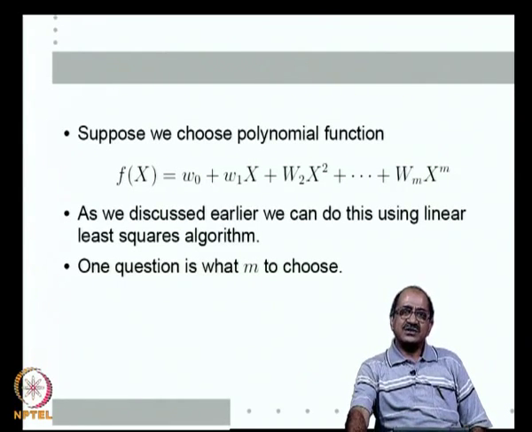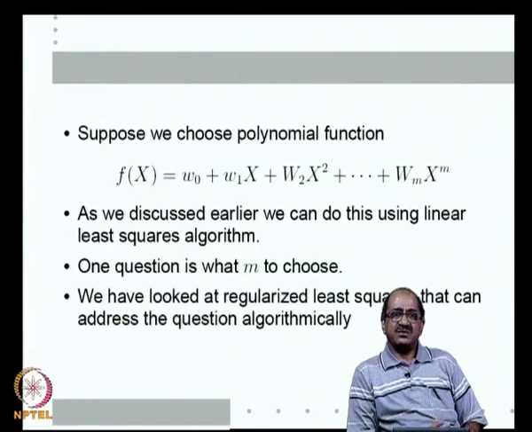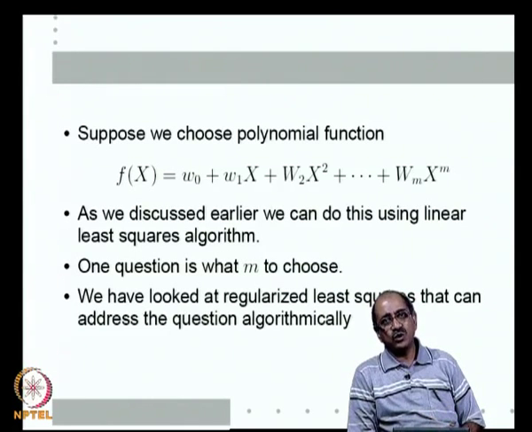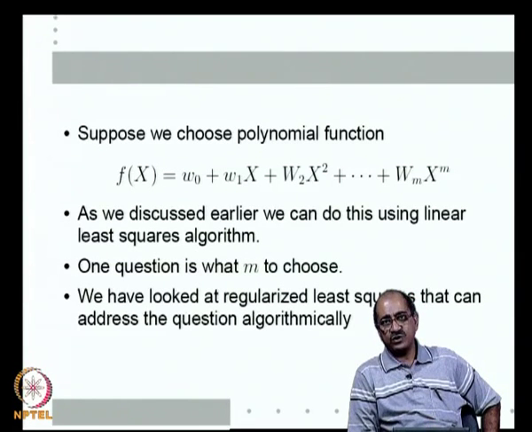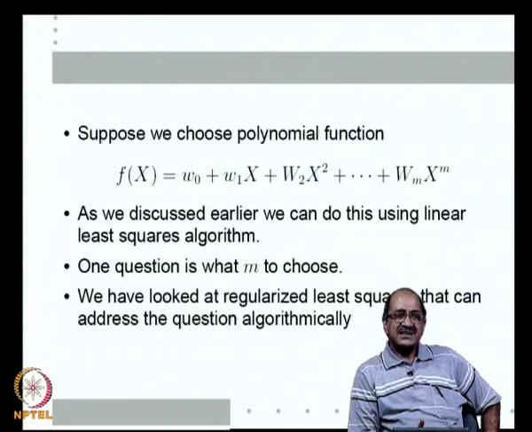We already asked this question at an algorithmic level. We said that obviously we do not know what m to choose, just because if we choose a very large m, we may artificially think we are getting low data error. So, we introduced the regularization, which can be viewed as a Bayesian approach to estimation, but that is an algorithmic thing.